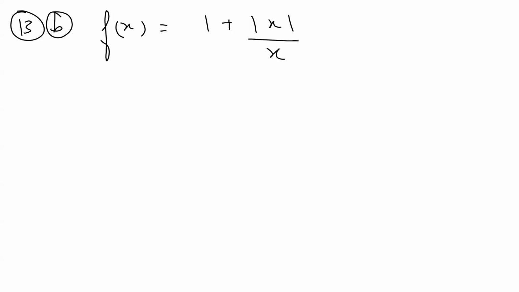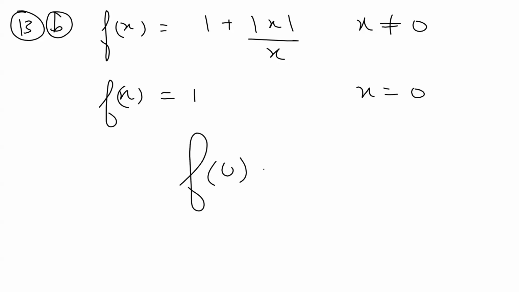So let's go to question number 13, sub question B. F of x is equal to 1 plus modulus of x upon x for x not equal to 0, and f of x is equal to 1 for x equal to 0. They have given f of 0 equal to 1.